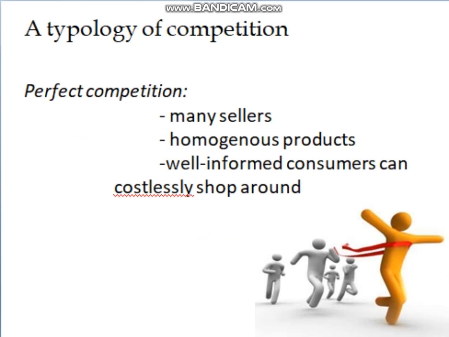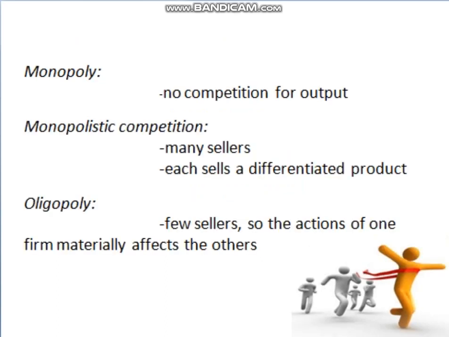The speciality is that in perfect competition, all the sellers are selling homogeneous or similar products. Another speciality is that in perfect competition, the consumers are well informed about the shops around. So this is a competition for the business environment. If there are many sellers selling homogeneous products, then surely they become competitors.